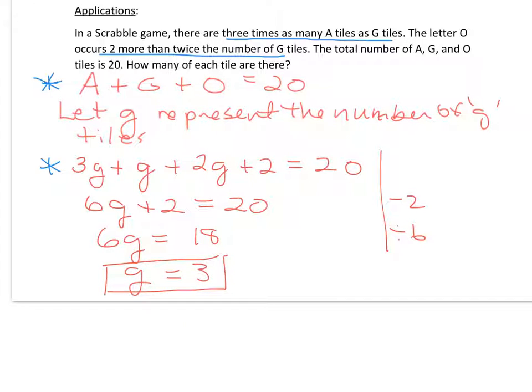So we're going to, and I switched to the next page to do that. Remember that we decided that the letter A was equal to 3g. So if 1g is 3 tiles, then A must be 9.